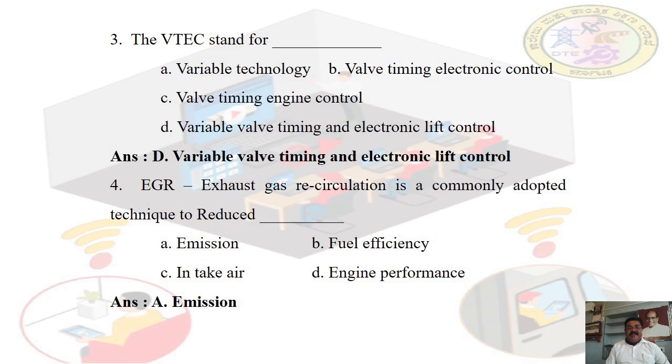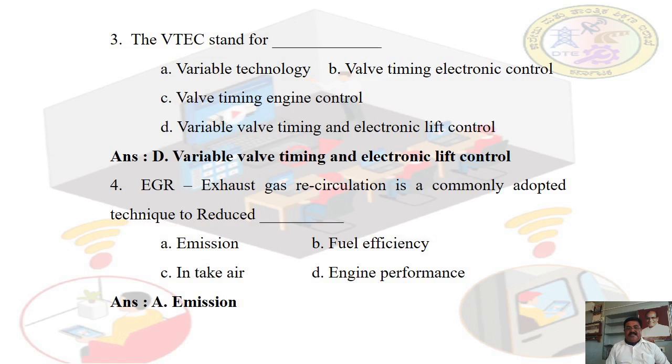Option D, variable valve timing and electronic lift control. The answer is option D, variable valve timing and electronic lift control. So that is what VTEC stands for, variable valve timing and electronic lift control.